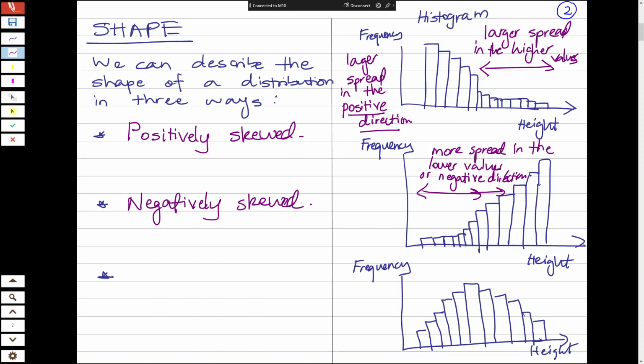Can you see how there's more people in the lower values? So a lot of people would say this is negatively skewed. But that's not how we define skew. We define skew as where there is a larger spread. So a common misconception is to say the first picture is negatively skewed. It's actually positively skewed. And vice versa for the second picture.